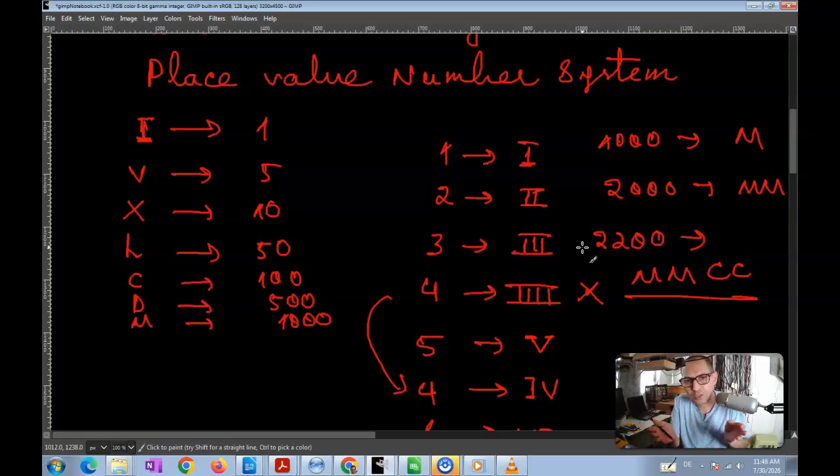You cannot really use it in mathematics; it would be a whole lot of trouble using the system, right?